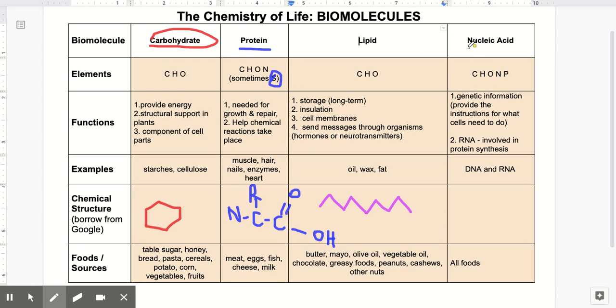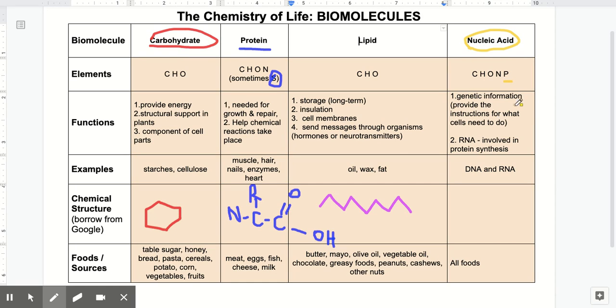Lastly, here we've got nucleic acids. Nucleic acids consist of carbon, hydrogen, oxygen, nitrogen, and phosphorus. So this is a new one. None of the other groups contain the element phosphorus. So you can always identify a nucleic acid by the presence of phosphorus.